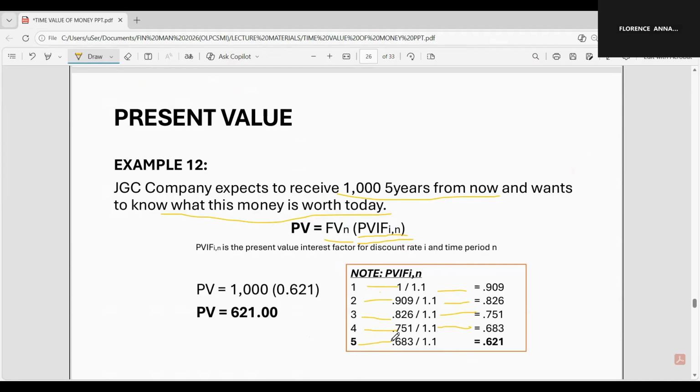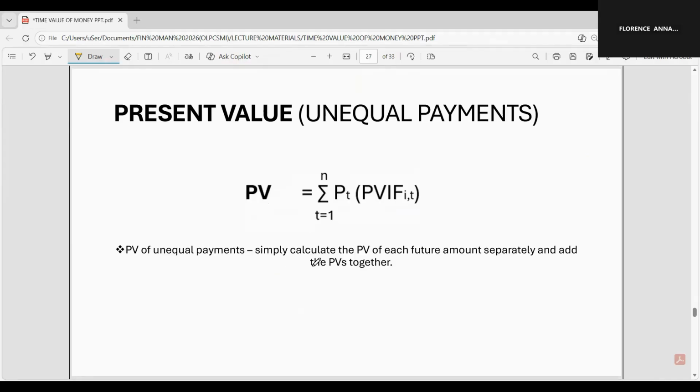And 0.683 divided by 1.1, you'll get 0.621 for your 5th period. Therefore, 1,000 pesos, which is your present value at the end of 5th year, times your FVIF na 0.621, you'll get 621 pesos.